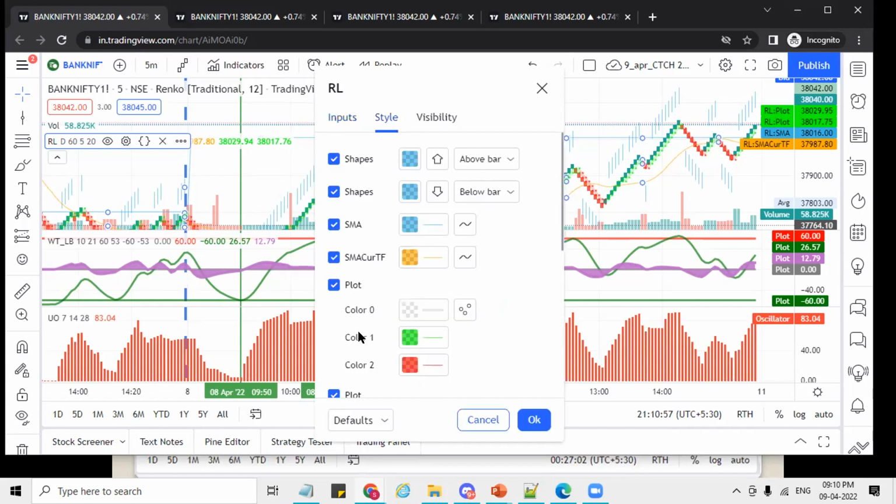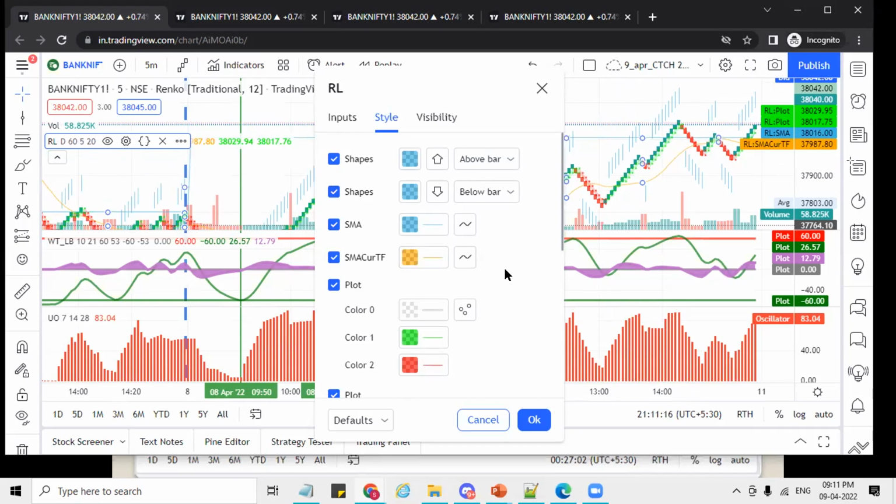The style is basically used to configure the look and feel of the chart, what colors need to be used, and the other parameters. For example, here the up arrow is set for the shape. If I disable it, it is gone.